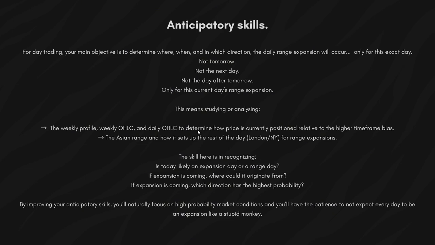Now, even though the higher time frame is telling you that we are going to have a weekly expansion lower, that doesn't mean that every single day of the week will push lower, because some days will be consolidation, some days will have counter short-term price action in the opposing direction, and maybe only 2 or 3 days will actually have the true expansion towards the downside, instead of every single day of the week being an expansion lower.